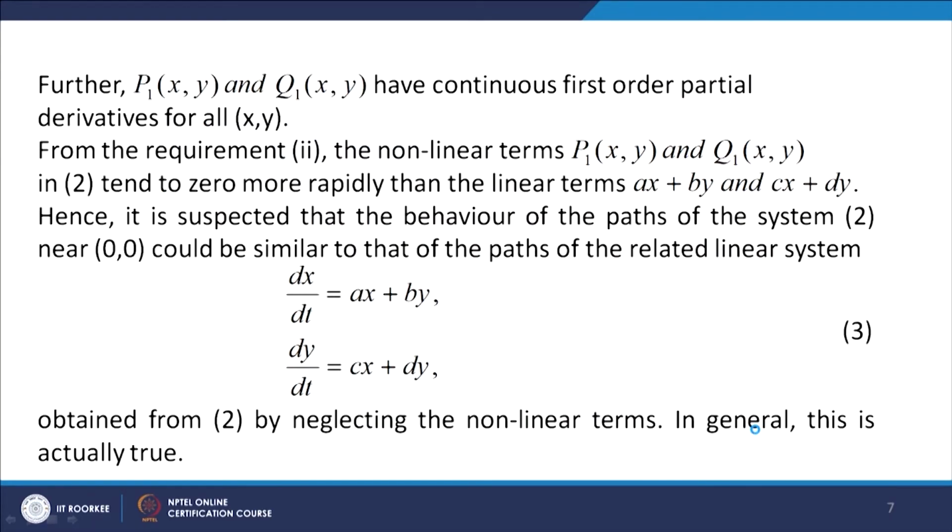Now, from requirement 2 on p1 and q1, that they tend to 0 divided by under root x square plus y square as (x,y) tends to (0,0), it means that they tend to 0 more rapidly than the linear terms ax plus by and cx plus dy.